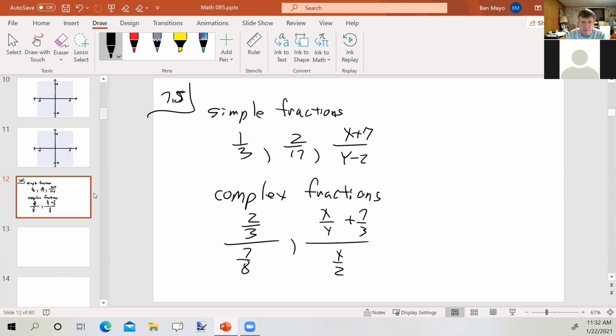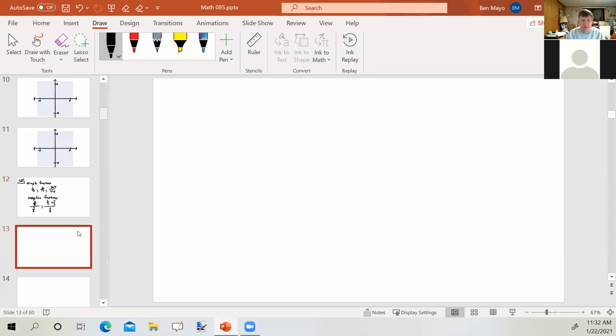All right. There are two different methods that we can look at. The first method is if we have a complex fraction that just has a fraction within the numerator and a fraction within the denominator. So let's say we've got 3/5 divided by 2/7. There's a single fraction up top, a single fraction on the bottom.